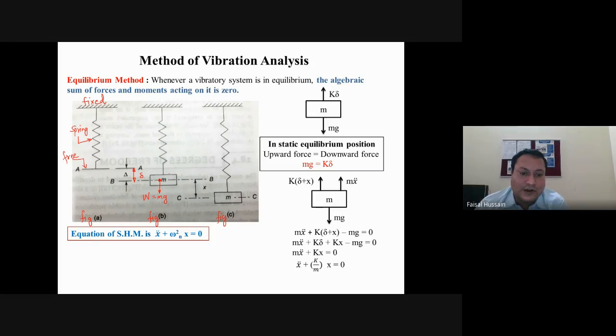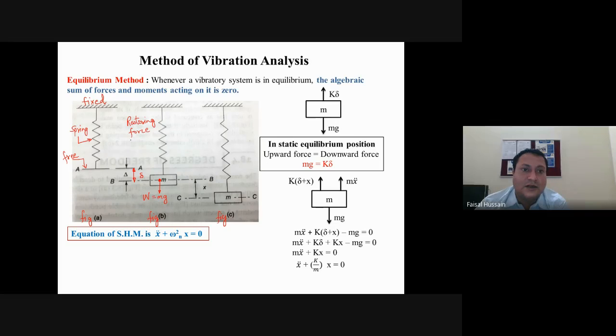Now generally, when the spring elongates because of this mass, a spring force or a restoring force will be developed on the spring. Restoring force means it will try to move the mass to its equilibrium position. Because of this weight, an equal and opposite restoring force is developed.